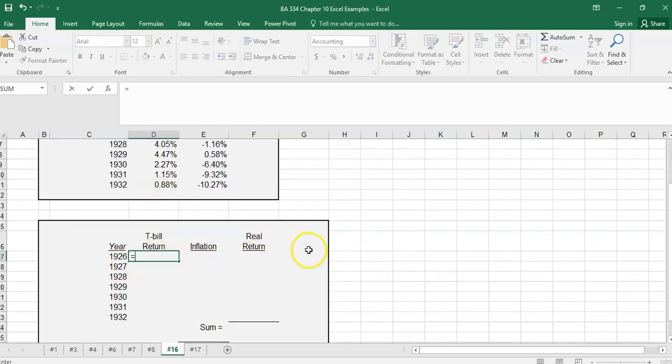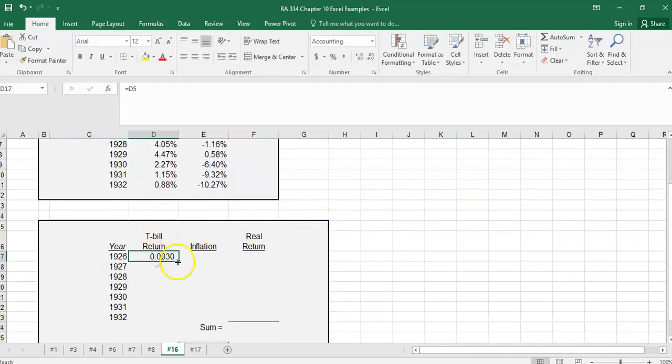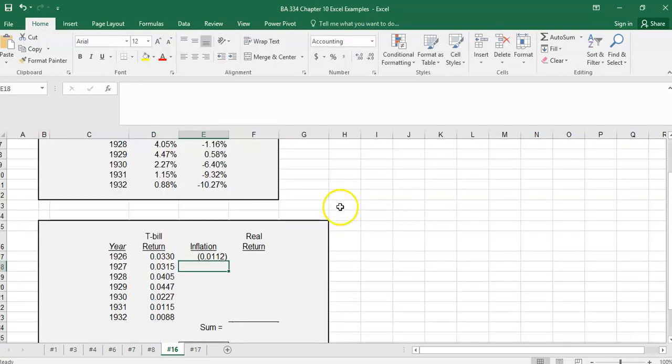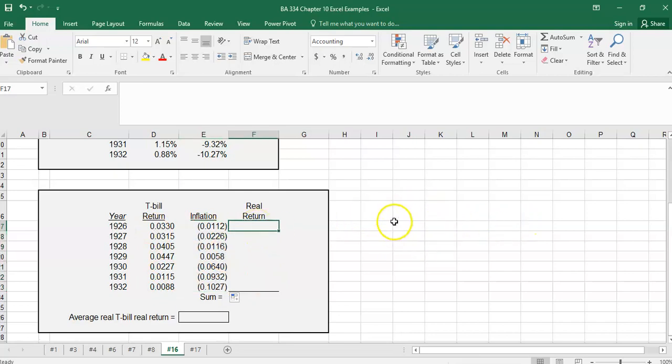So for the T-bill return, we bring those numbers from above, and for the inflation, we just bring those numbers from above, change them to numbers instead of percentage. So for our real return, we use our Fisher formula, which is 1 plus the nominal return divided by 1 plus the inflation, minus 1.